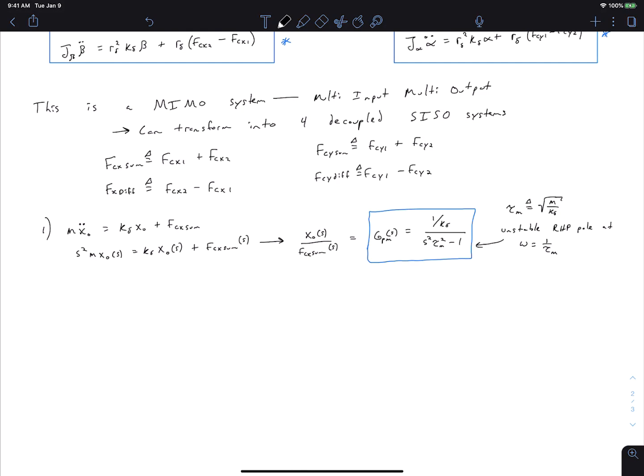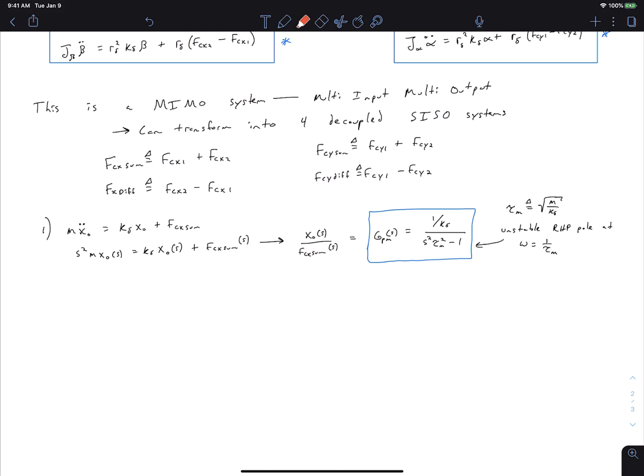And so here's our first transfer function. We've got our differential equation here. We've turned it into a Laplace equation, and then we've solved for x0 over fcx sum. And doing that, we get this very familiar transfer function. In fact, this is the same transfer function that we had when we were looking at the 2 degree of freedom model.